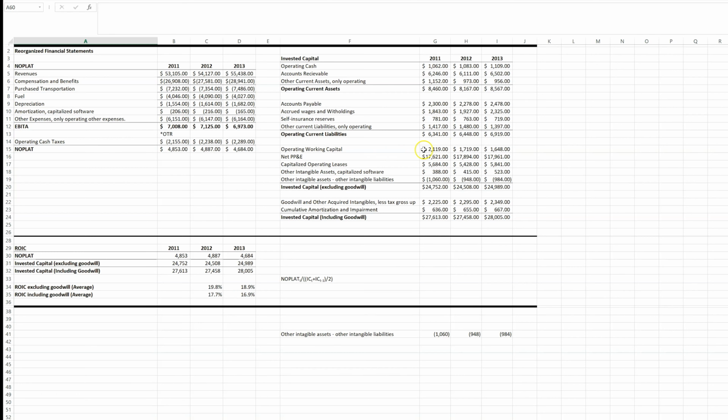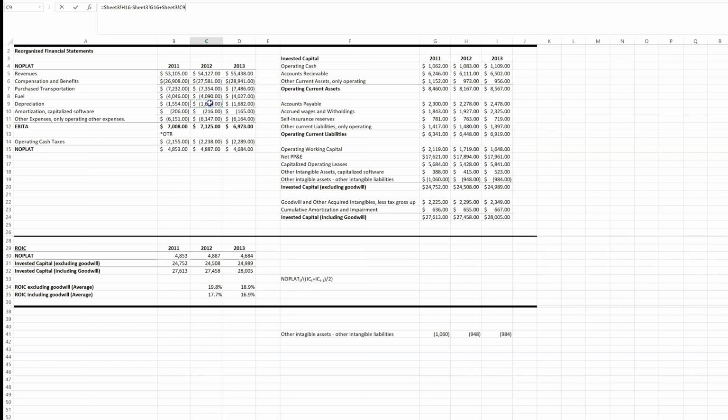Now, capital expenditures is the difference in my net PP&E. Did I make any purchases? Here we see that net PP&E went up, so I did spend some of my cash flow investing in property, plant, and equipment, plus my depreciation expense.